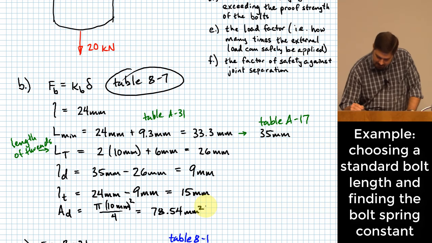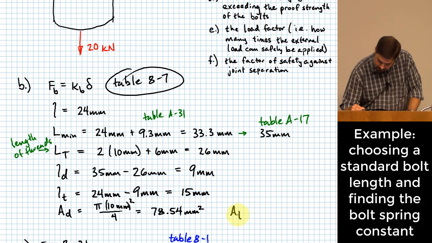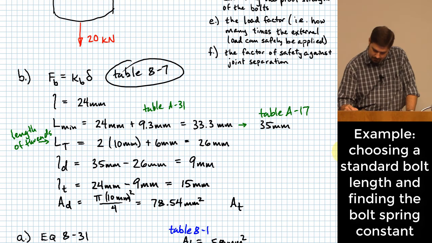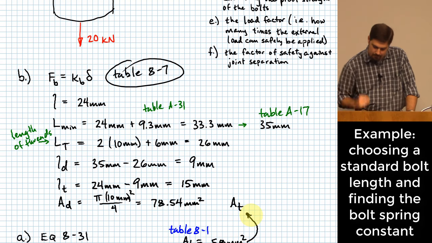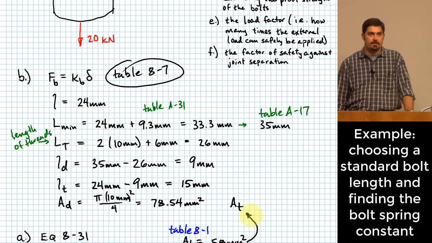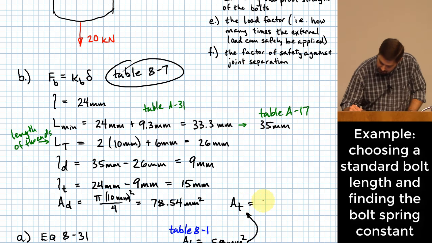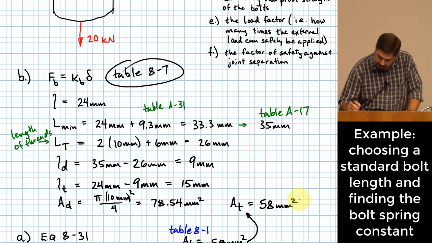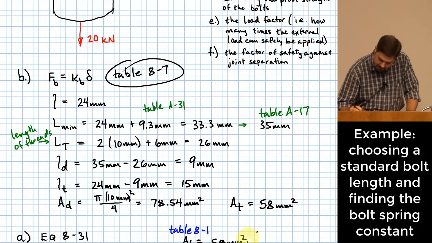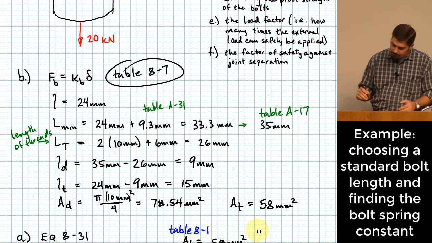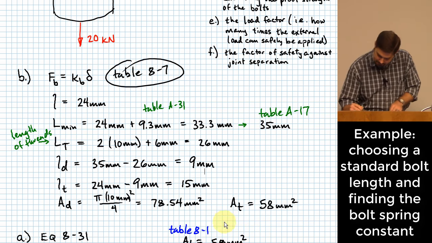How do I get A sub t? Right, already got that whenever I looked it up. Okay, so A sub t is just going to be equal to 58 square millimeters. That's the tensile stress area that we have for those fasteners.